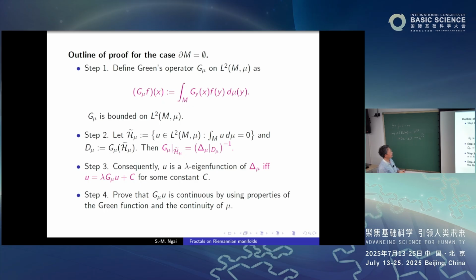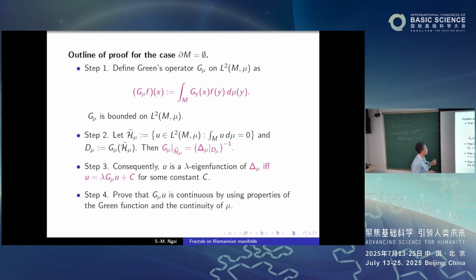The proof of this is not that hard. First, we define the Green's function, and then we will show that the Green's operator is kind of an inverse of the Laplacian. But it's not exactly the inverse of the Laplacian.